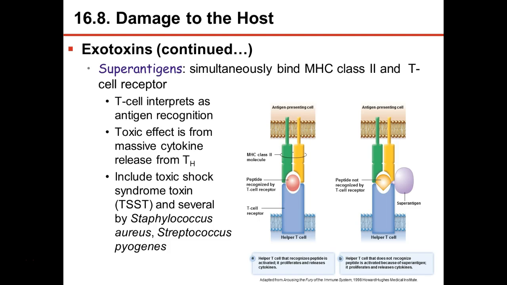This huge release of cytokines causes what's called toxic shock syndrome. What's their job? Their job is to dilate the blood vessels. Their job is to initiate inflammation. Well, if these get inside the blood vessels and spread throughout the body, causing dilation of all the blood vessels, essentially you're going to bleed out internally and die of shock due to low blood pressure.